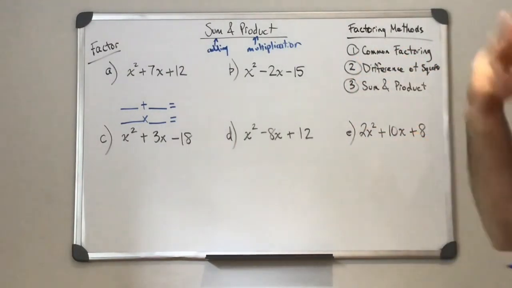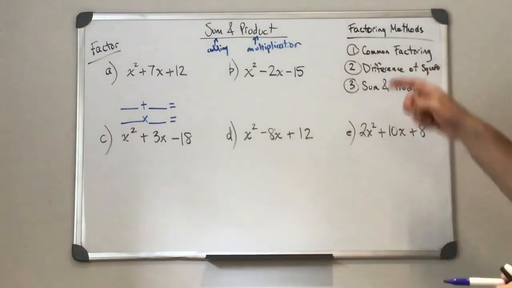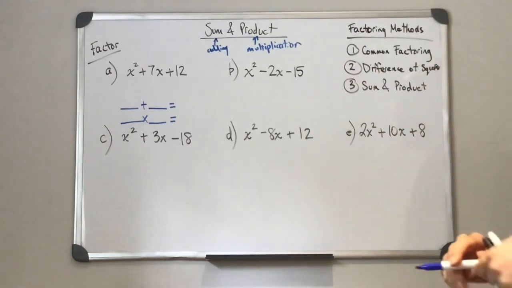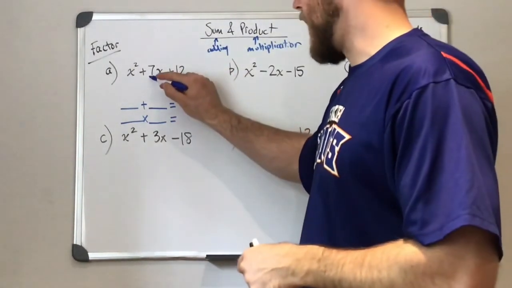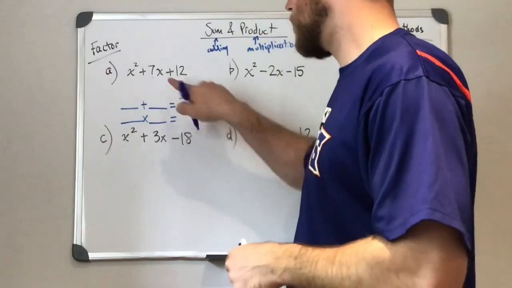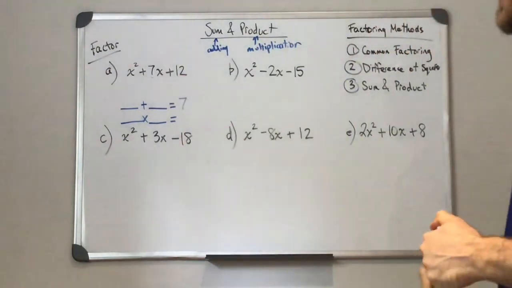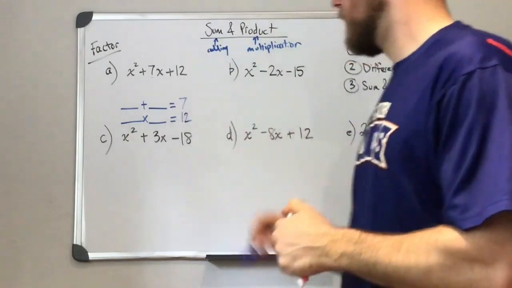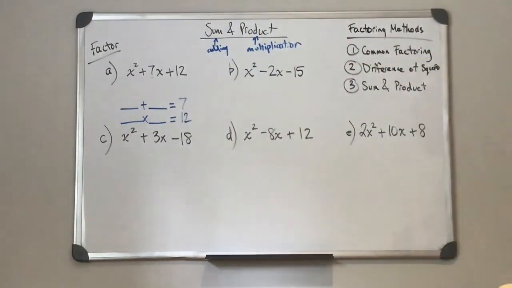Difference of squares can only have two terms, so it can't be this one, which leaves us with our third option. In sum and product, we need to add to our variable term in the middle, and we have to multiply to our last number here.